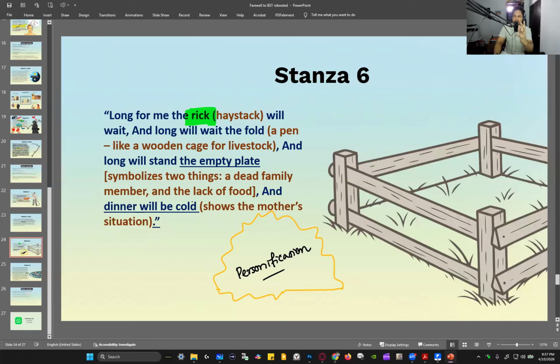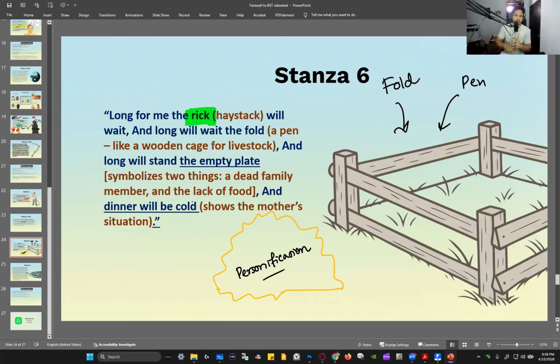The rick, the haystack will wait, and long will wait the fold. What do you mean by the fold? A fold is a pen. It's like a wooden cage, a pen for the livestock, for cows and goats and bulls.